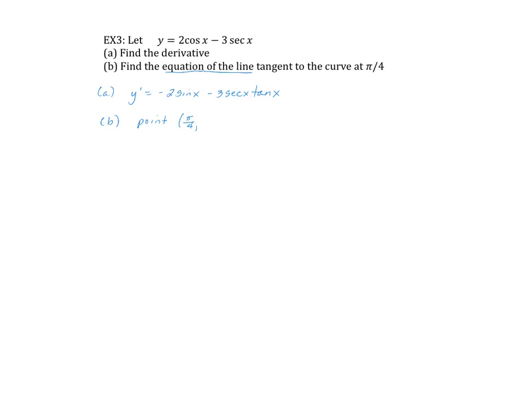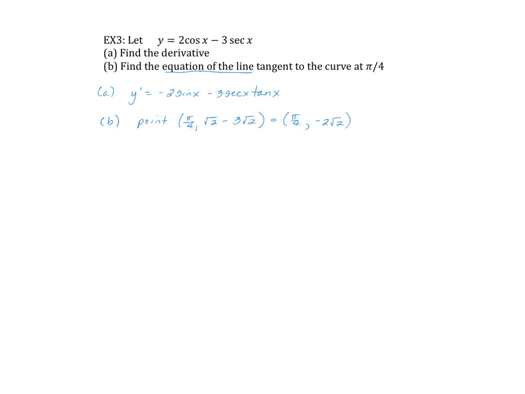So when I multiply that by 2, I get the square root of 2, minus secant of pi over 4, which is square root 2 over square root 2... yeah, so this is minus 3 times the square root of 2. So I can simplify that. That would be pi over 4 comma negative 2 square root of 2.